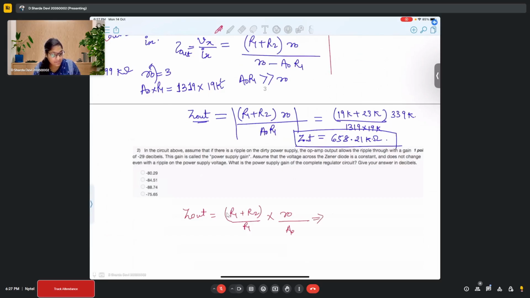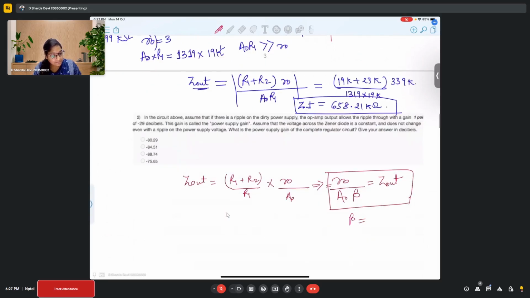So I can represent it as R naught by A naught into beta is Z out, where beta is R1 upon R1 plus R2.